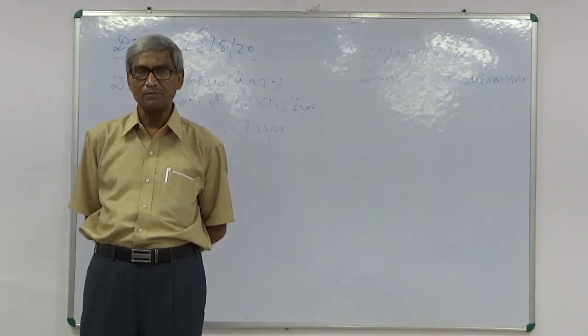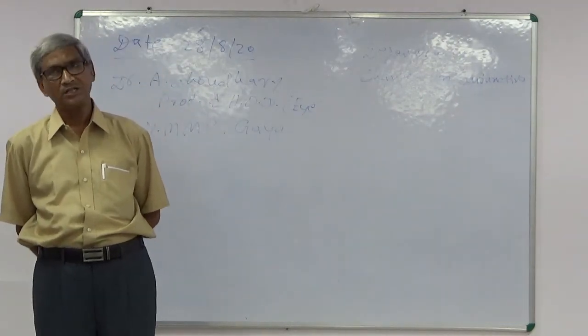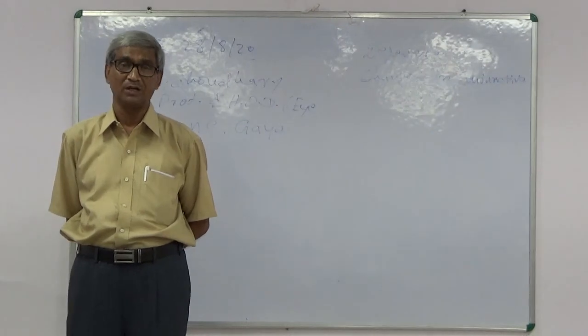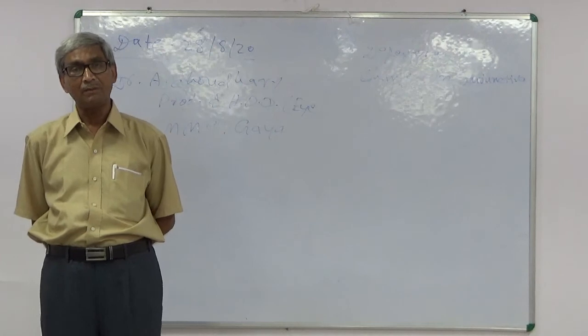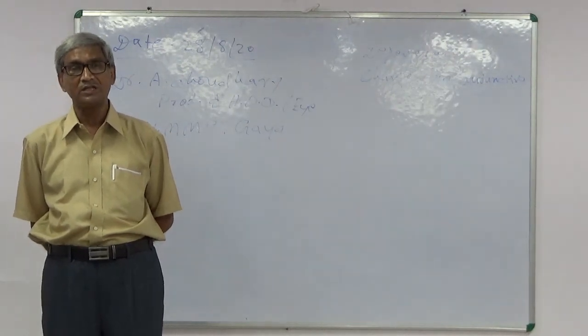Now, xerosis of conjunctiva. Xerosis is a dry and lusterless condition of the conjunctiva. It is of two types, xerosis parenchymatous and xerosis epithelialis.